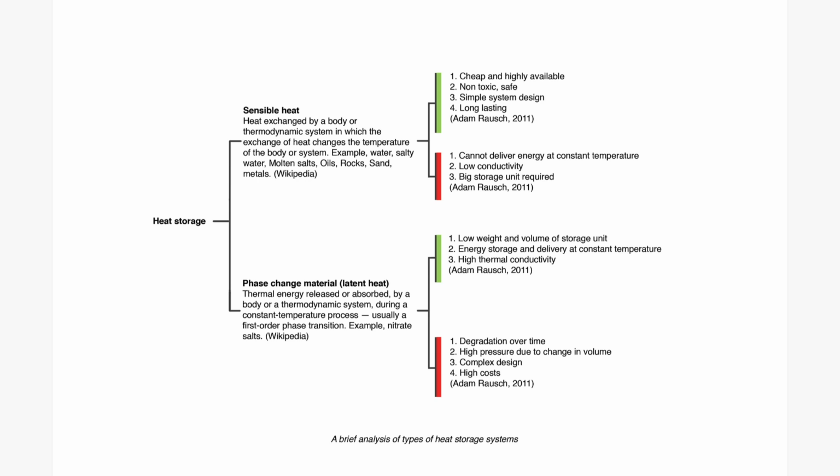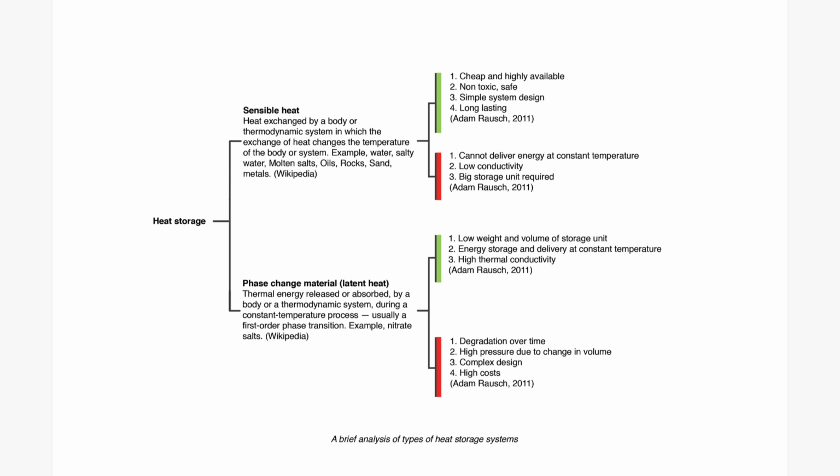For example, it goes from solid to liquid. But when you extract heat from it, it goes from liquid back to solid. Both sensible heat and phase change have their pros and cons, as you can see on the screen. Phase change materials are still in a very nascent stage of research, but they are low weight and the storage volume is less. You just need a smaller amount of storage.